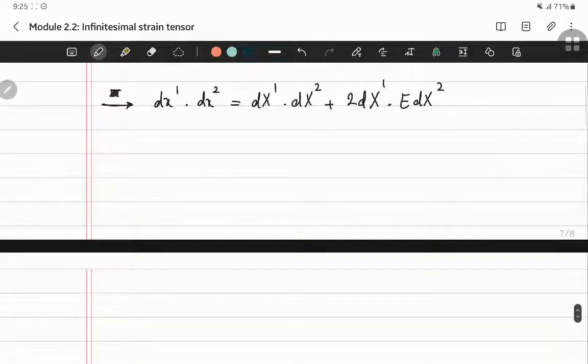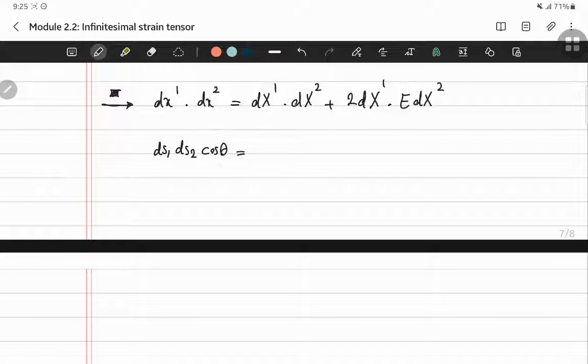If x1 and x2 were perpendicular initially, after deformation they're not necessarily perpendicular. That's why we don't know anything about this angle, so we write ds1 ds2 cosine theta.